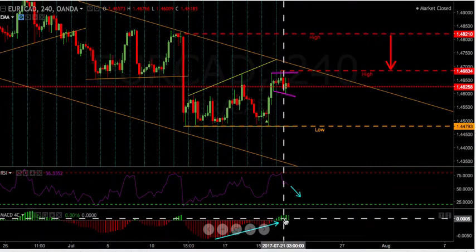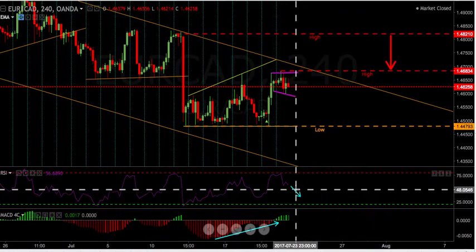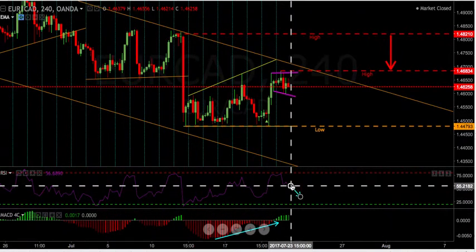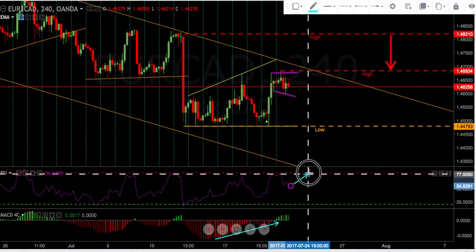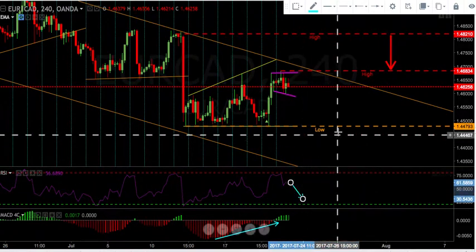We have MACD divergence pushing up, so that also lets me know that this could just as easily turn this way this week instead of going down.